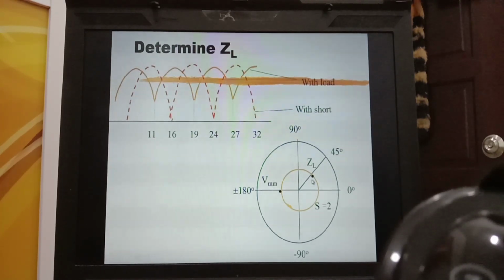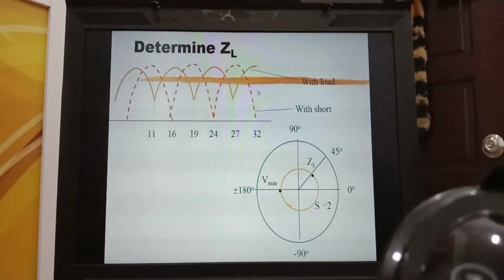The intersection between this radial line and the constant mismatch circle will tell us the impedance at this location, which is equal to the impedance at this location. From this magnitude and this angle, we get the magnitude and phase of the reflection coefficient.